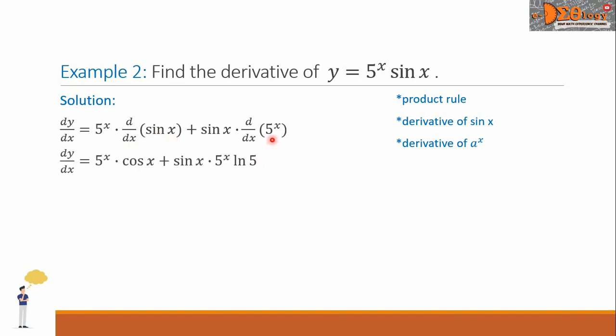The derivative of 5 raised to x will be 5 raised to x times ln of 5. We can see that we have two groups here, and there is common, and that is the 5 raised to x. And we can factor that out. So our final answer is 5 raised to x times the quantity cosine x plus ln of 5 times sine x.